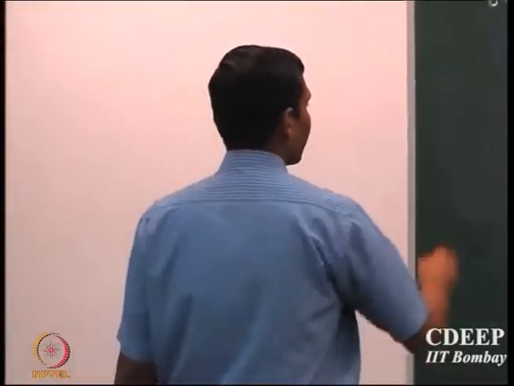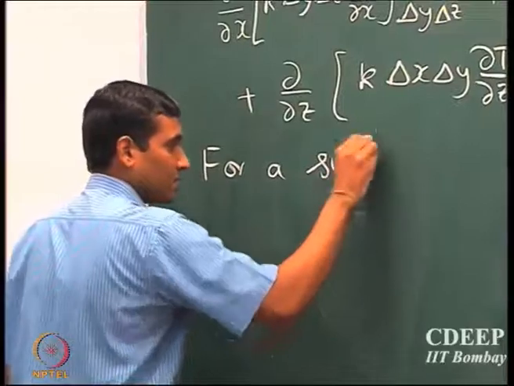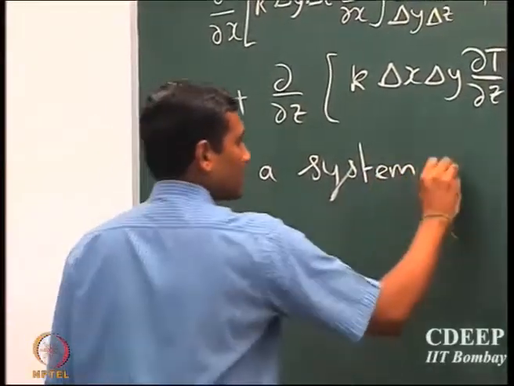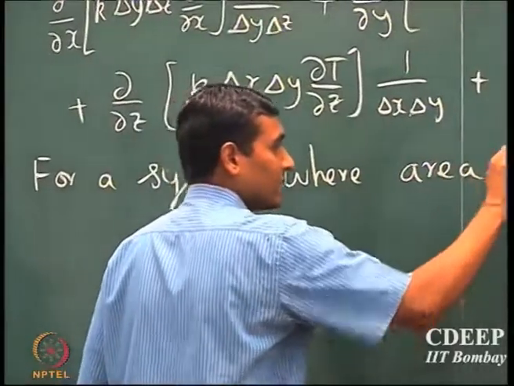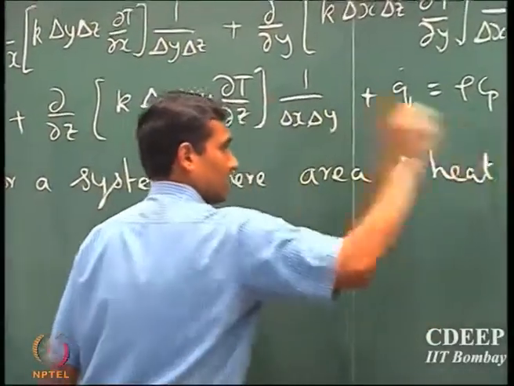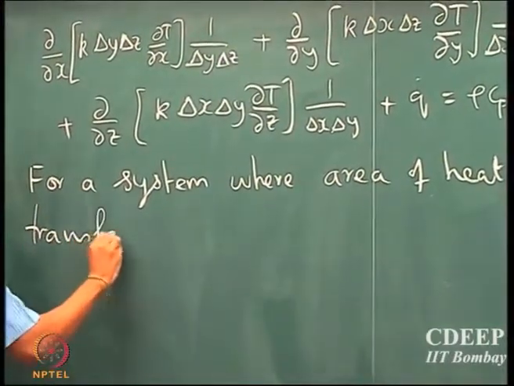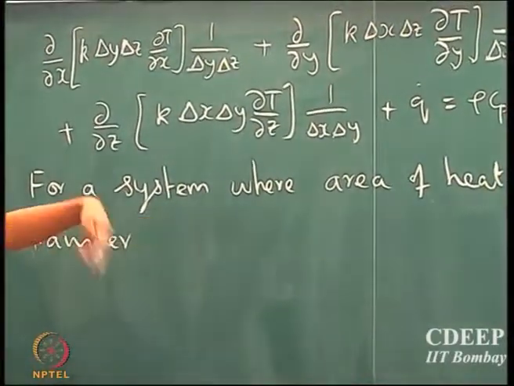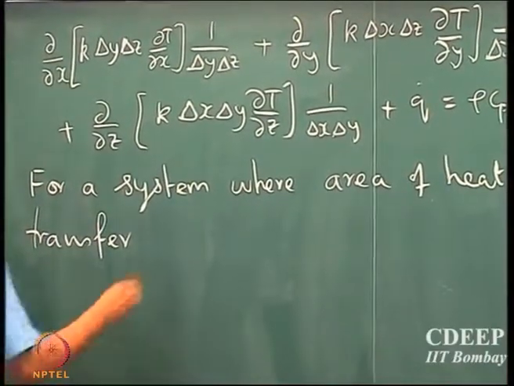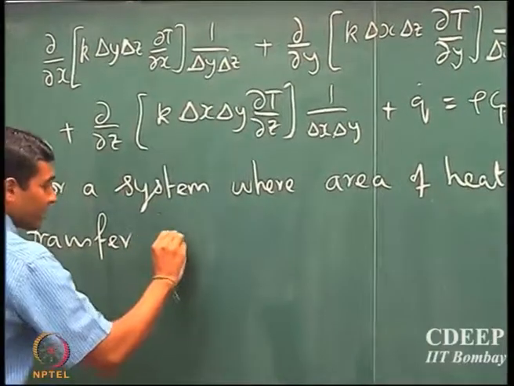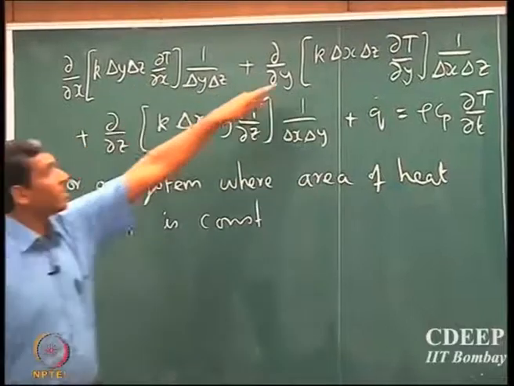So if we assume that for a system where the area of heat transport is constant, we will see in future a few examples where area is not constant and how these model equations will change. But let us say, to start with, we assume that the area of heat transfer is constant, which means we can pull out delta x, delta y, etc.